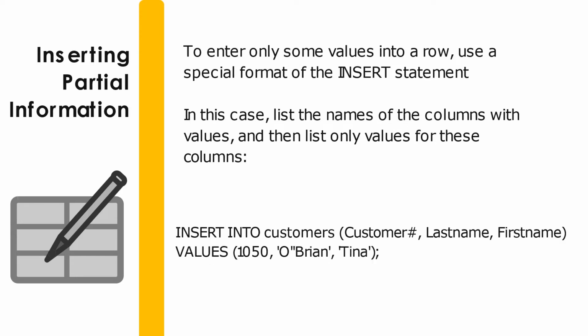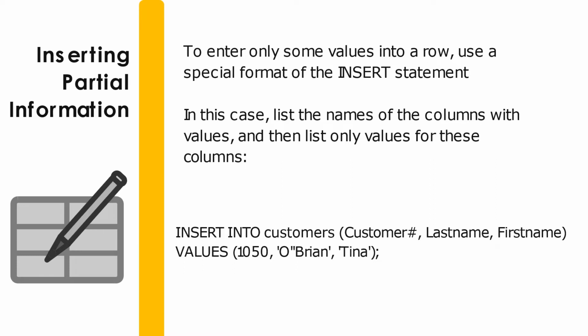You may also insert partial information into your tables. For example, if you only know the customer number, last name, and first name for your customers, you can specify those column names in your insert into statement. I would like to highlight something in this statement.